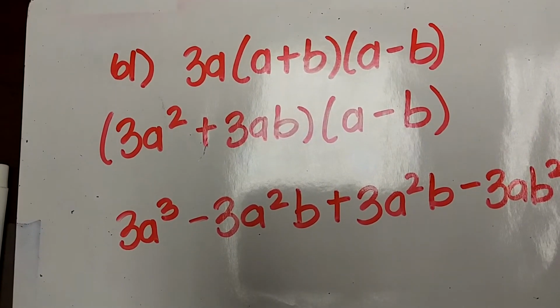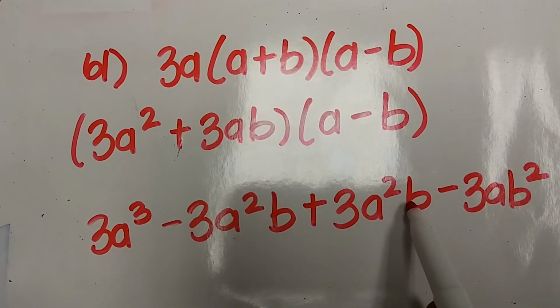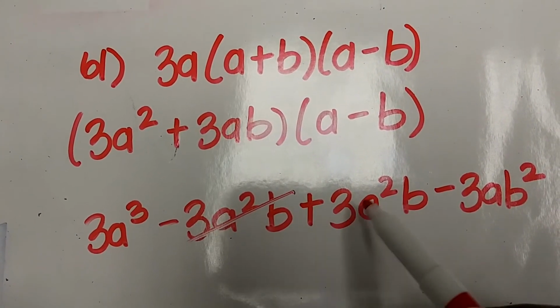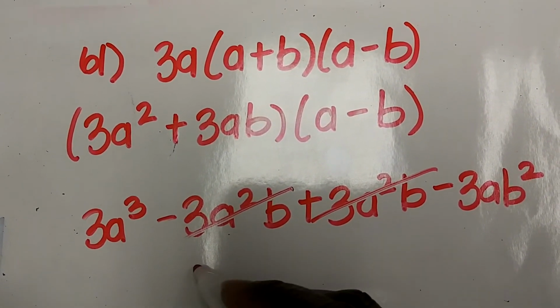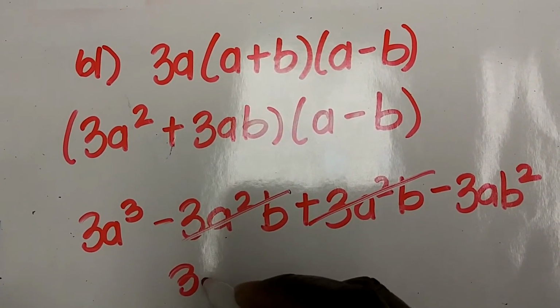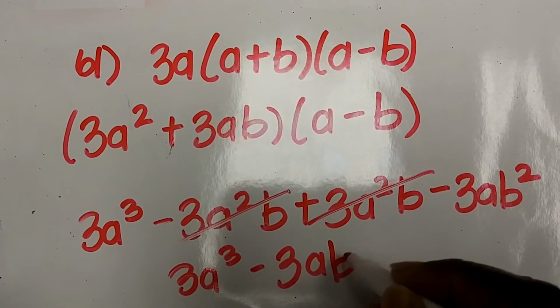I want to combine my like terms. So my like terms are in the middle, and they cancel out to 0. 3 minus 3 is 0. My final answer is 3a to the third minus 3ab squared.